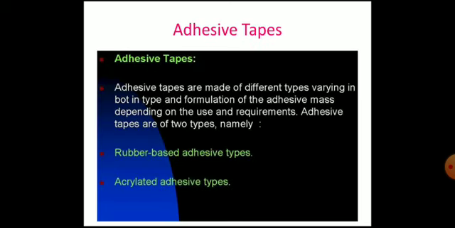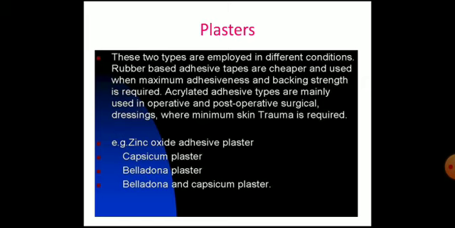The adhesive tapes are made up of different types varying in their backing. Formulation of the adhesive mass depends on the use requirement. Adhesive tapes are mainly of two types: rubber based adhesive tape or acrylate adhesive tape. Next we have plaster. These are employed in different conditions.